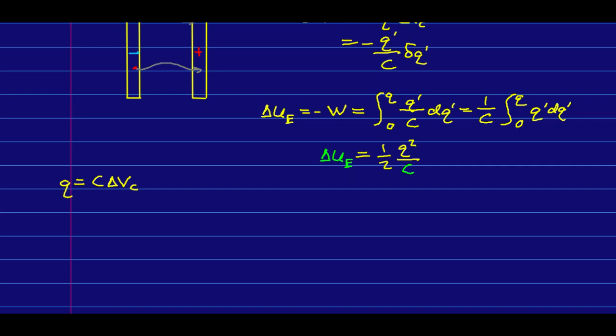There are several other forms we can write that in. If we replace Q, we can get it in terms of the potential difference instead, and often that's a useful form to be able to write it.